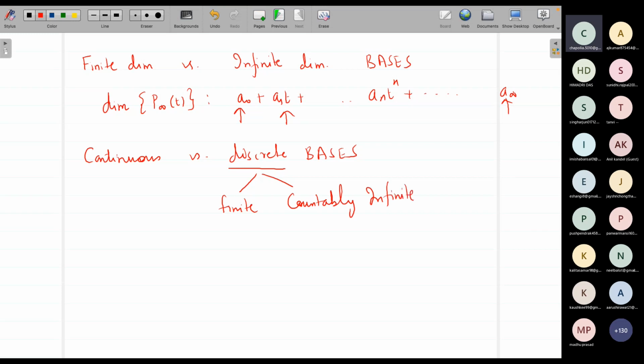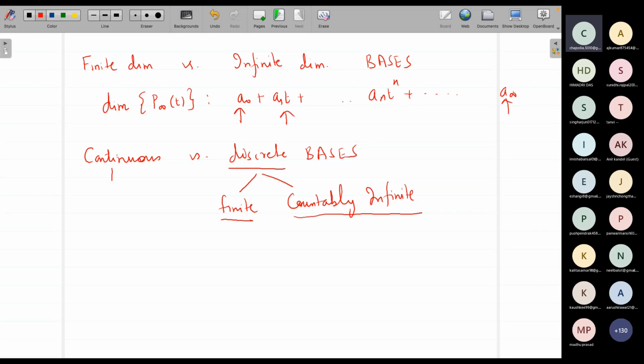So if in a linear vector space I have only, let's say, 3 vectors which span the whole space, or which are a basis for the vector space, then it is a finite basis. Of course, it's a discrete one. In the case of P infinity of t, this is of course countably infinite. I can count a0, a1, up to a infinity.